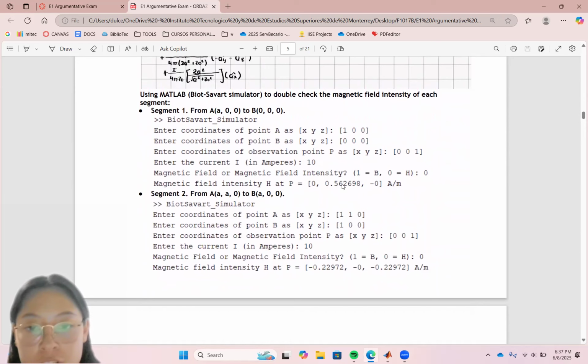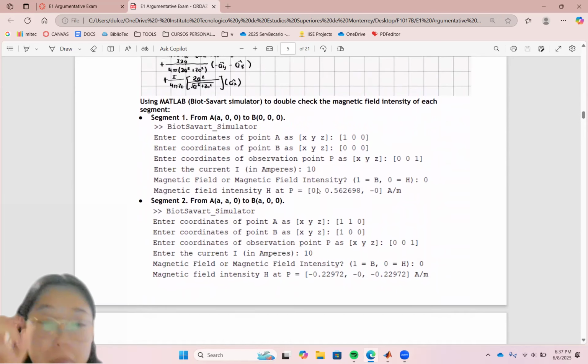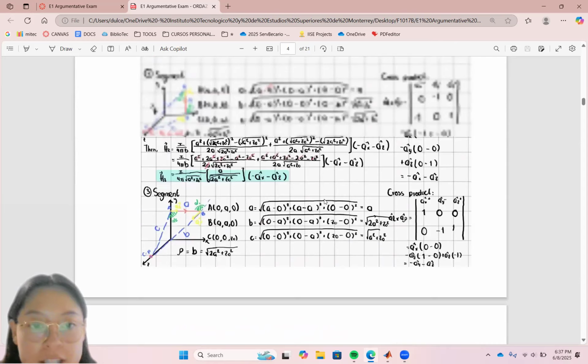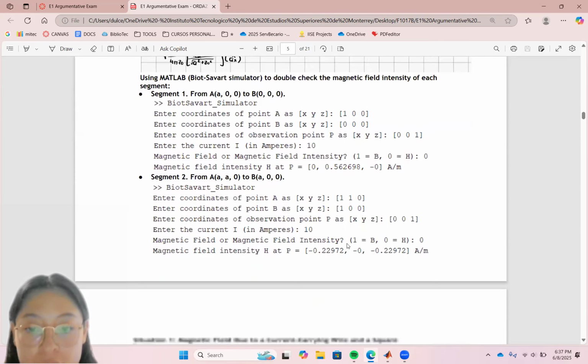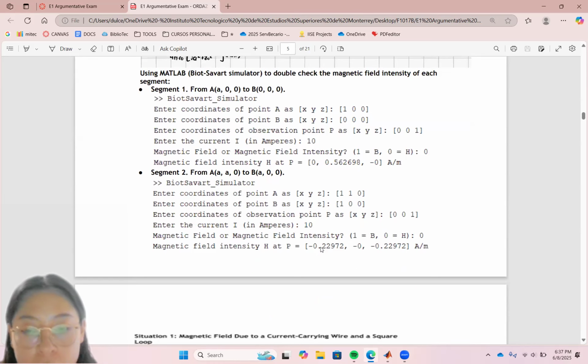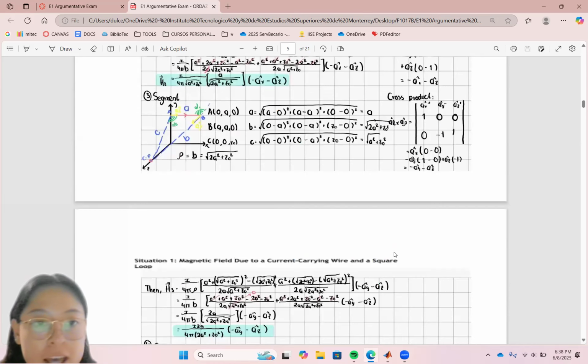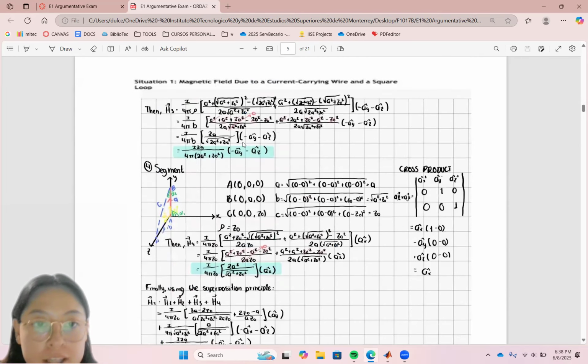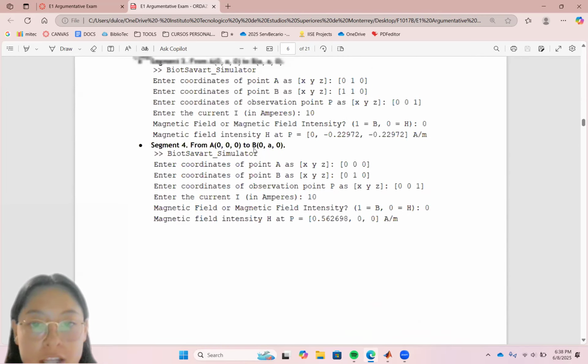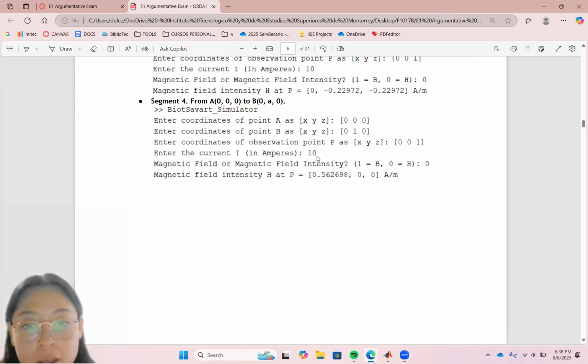I use some educated values, and I verify that in this case it's in the positive y, as we can see here, and segment 2, negative y, x, and negative z. The same for segment 3, negative y and negative z. And only positive x at segment 4.